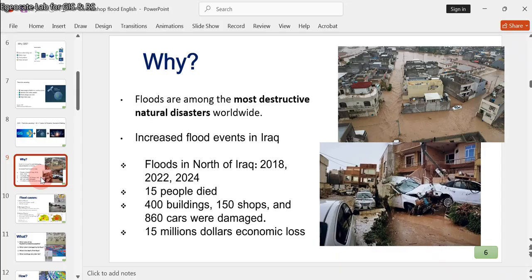That's why we need to investigate these floods. Actually, we cannot prevent the occurrence of floods because floods are natural disasters. It will happen again and again. In the past, there were floods, and in the future there will also be more floods.